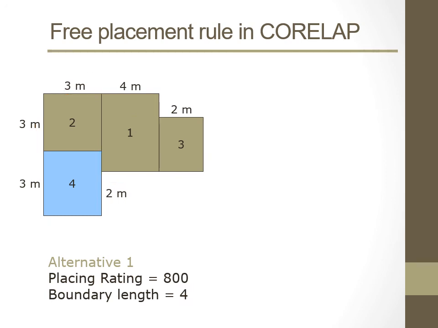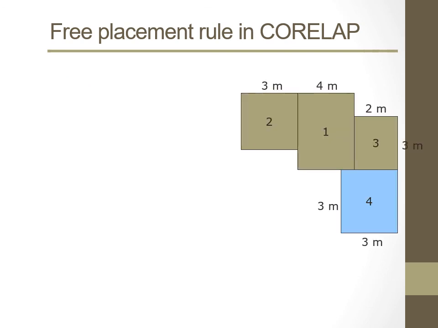Let's consider an alternative position, alternative placement. Assume now we are placing department 4 in this position here. And now it shares a border with 3, and the relationship between 4 and 3 was I, important. Sorry, I relationship.